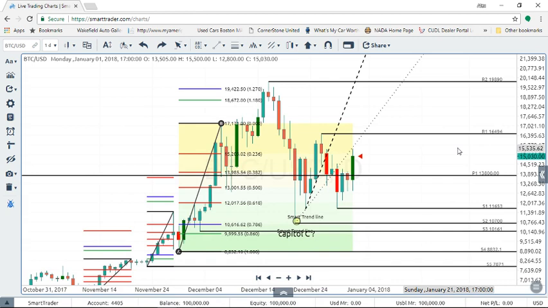It is the second day of January 2018, and what I wanted to do was just give you a little bit of a snapshot as far as what I look for in some of these trades, more so in the Bitcoin USD pair.